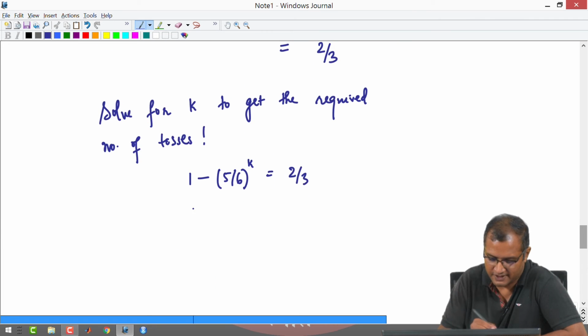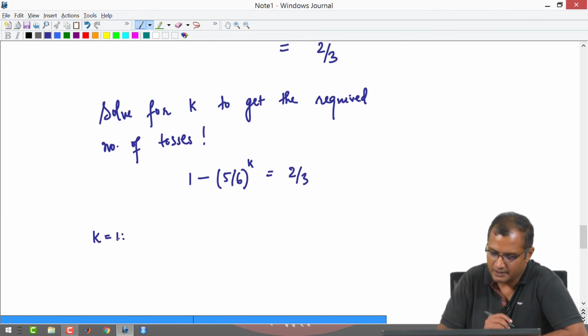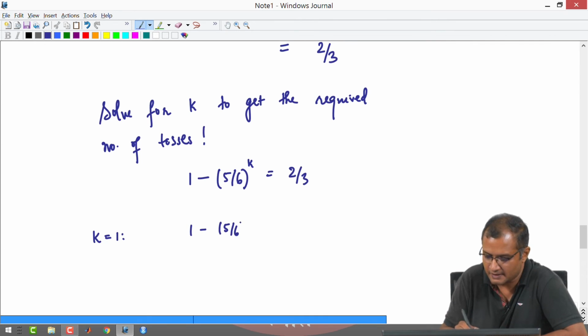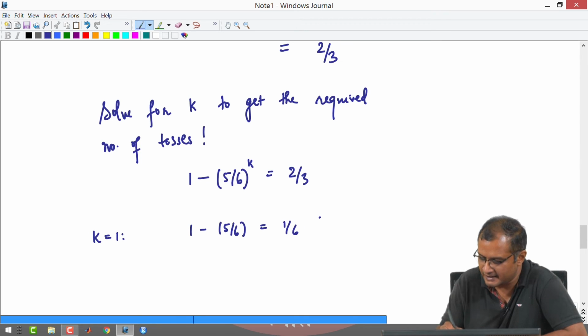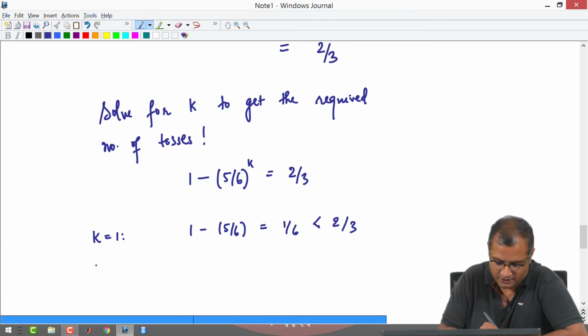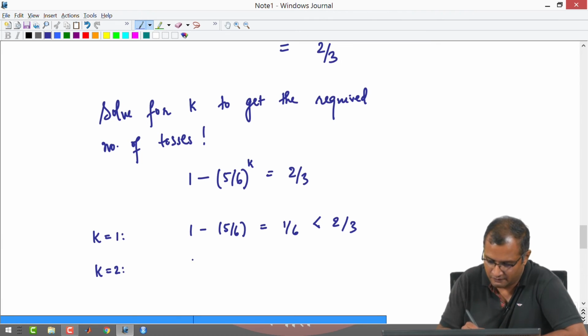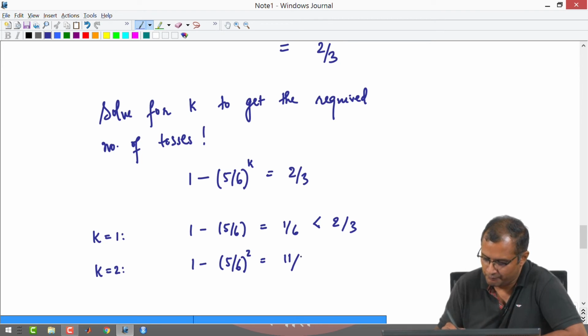For example, if you take k equals 1, if you just toss it once, then 1 minus 5/6 equals 1/6, which is definitely less than 2/3. So, I do not get the equality for one toss. Now, if you take 2 tosses, you get 1 minus (5/6)^2, which is 11/36. This is also less than 2/3.